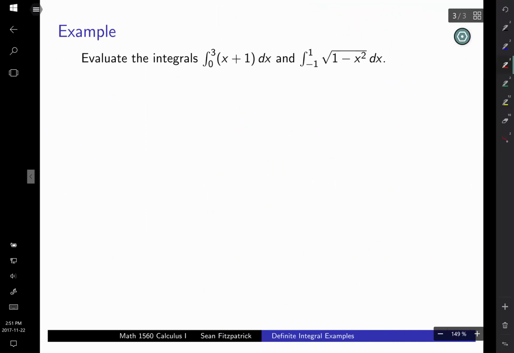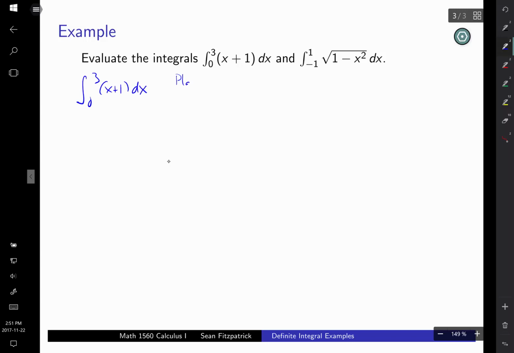Alright, well, here's one more example. Now this first one, a couple of ways I can do it, right? So let's say for the integral from 0 to 3 of x plus 1 dx.